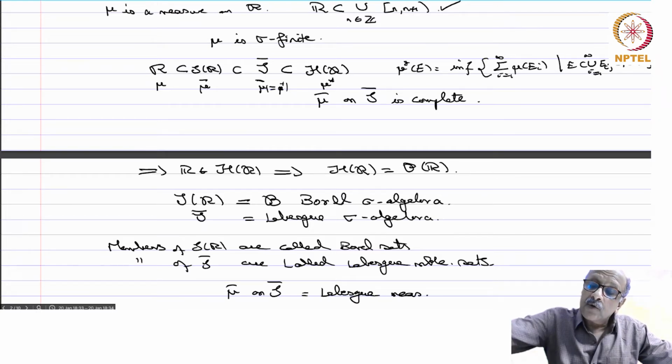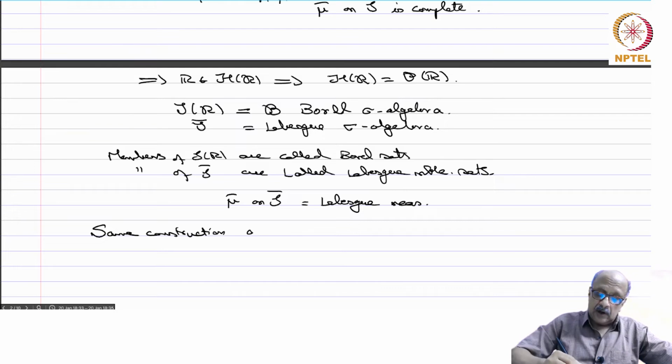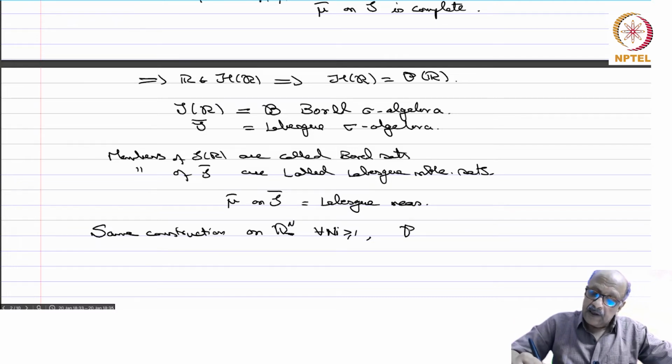Now you can do the same construction on R^n for all n greater than or equal to 1, with P equal to, as I said, the product over i equals 1 to n of (a_i, b_i].